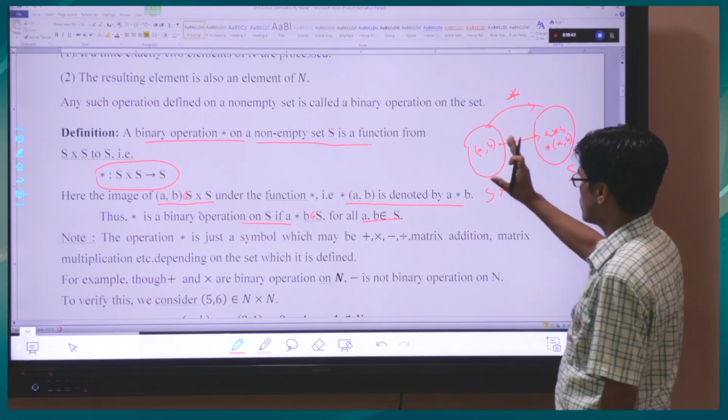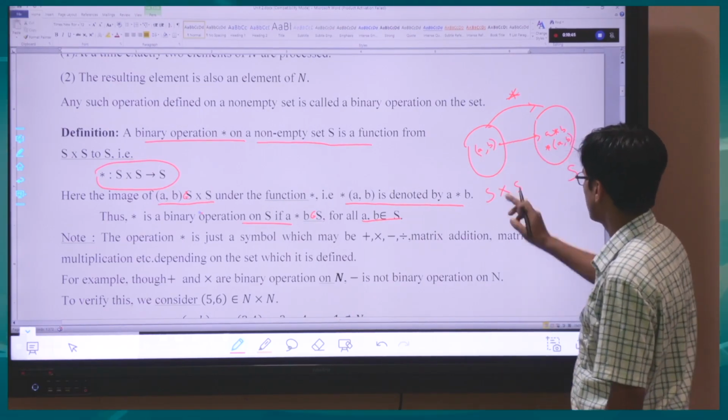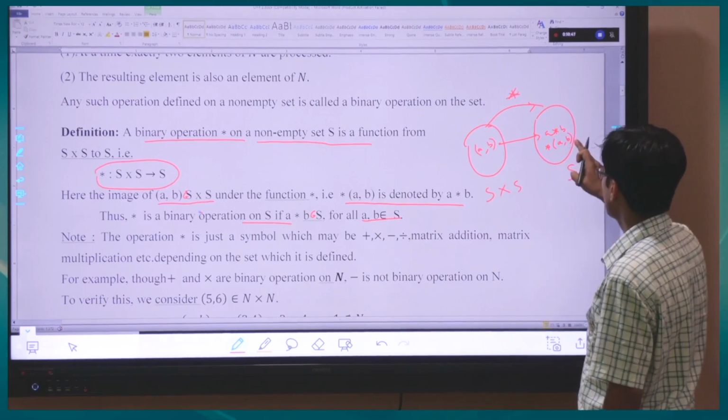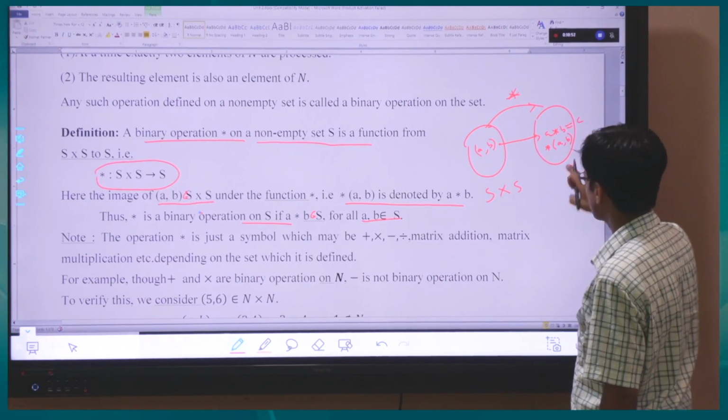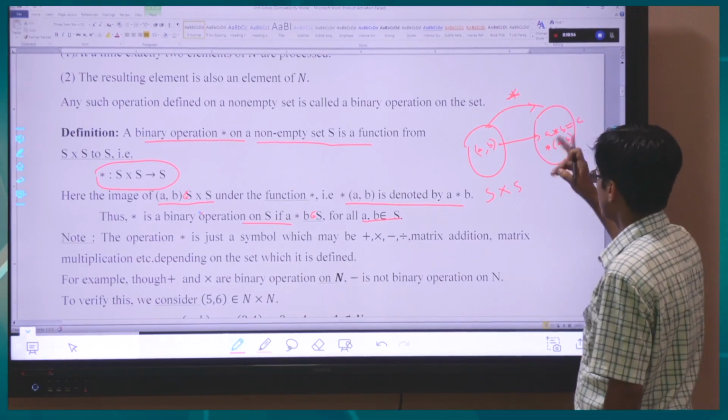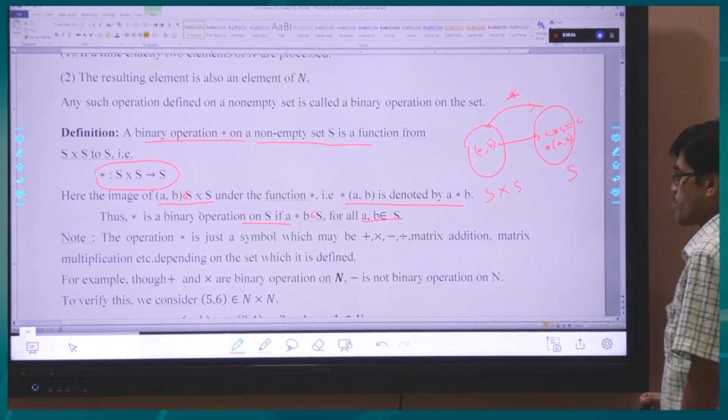If we consider any two elements from S cross S, the result will be a star b, suppose this is the element c. So c also belongs to S. Then star will be a binary operation.